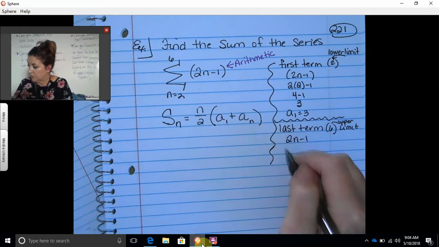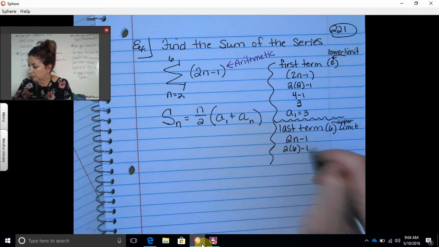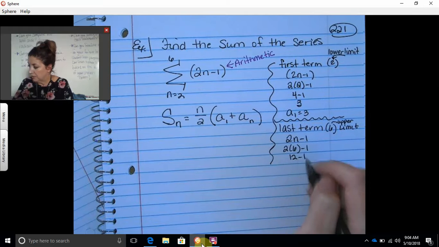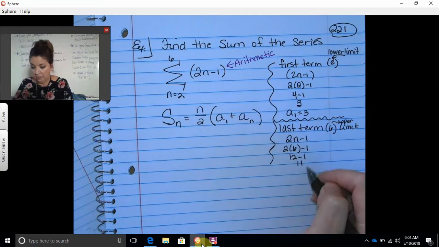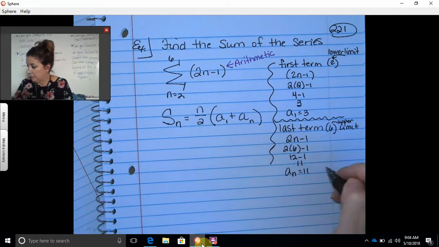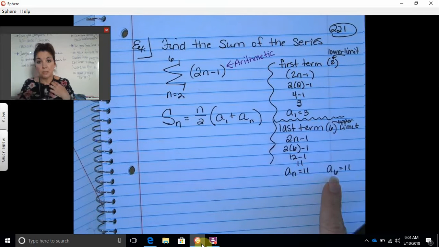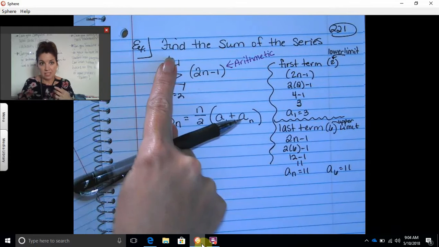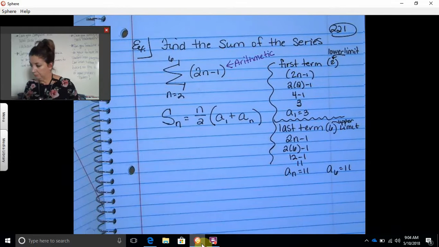So that'll be 2 times 6 minus 1, which is 12 minus 1, which is 11. So my a sub n is 11. Or you could think about it as your a sub 6 is 11, because that's the 6th term in the sequence. There's only 6 terms, so that's the last term, okay? Coolio.